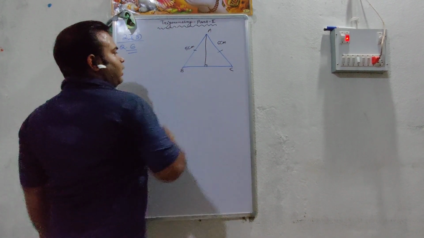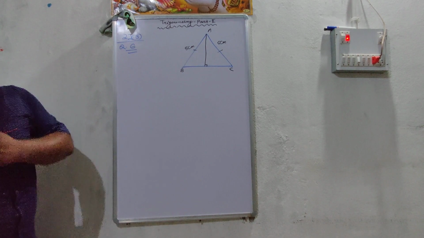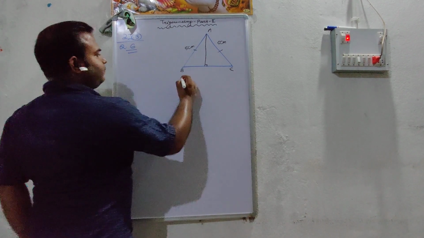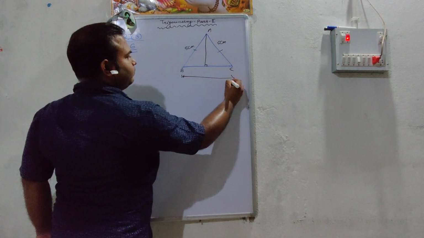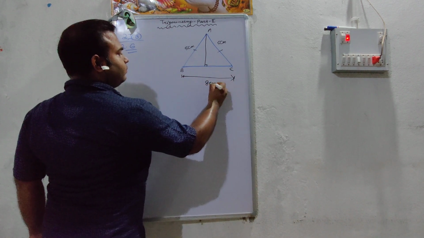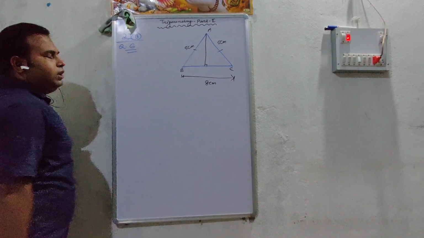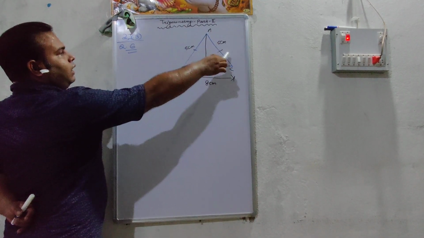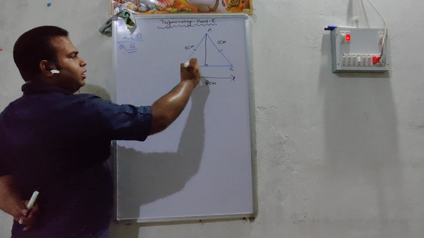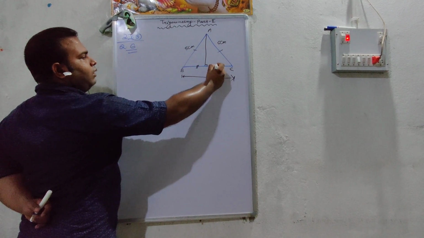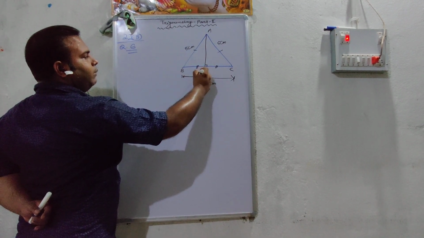One perpendicular is drawn, and BC is given as 8 cm. Remember this: in an isosceles triangle, when the perpendicular is drawn to the opposite side, it divides the side into equal parts. These two parts are equal, each of 4 cm.